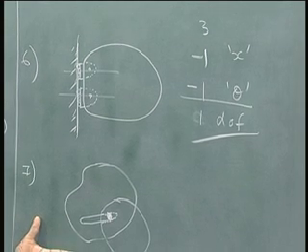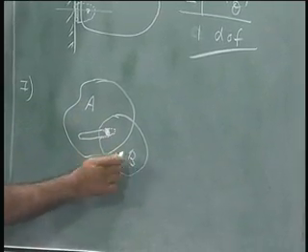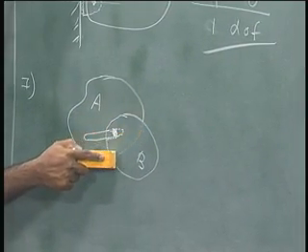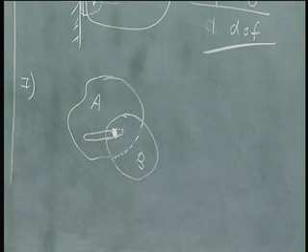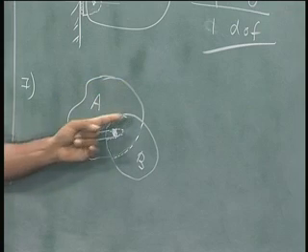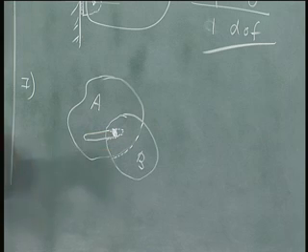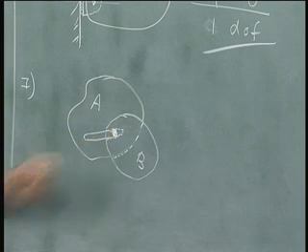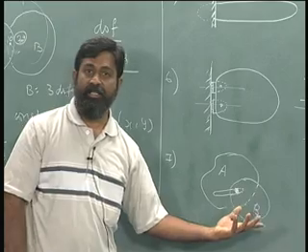One last example here. This is a system of bodies A and B. Mind you, there is a slot on this body A, and the two are connected through a small pin that can slide along the slot. I ask the question, how many degrees of freedom can it have?